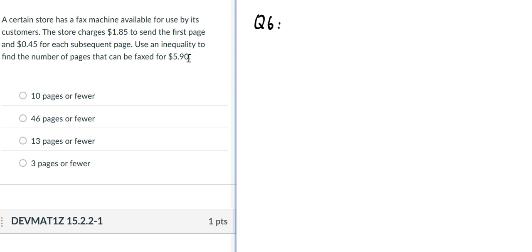Look at the page number. Page 1, if you just did one page, that will be 1 times $1.85. Then the second page will charge you $0.45, an additional page.